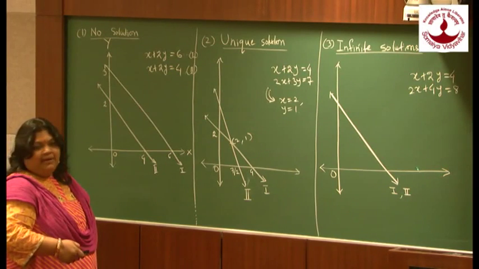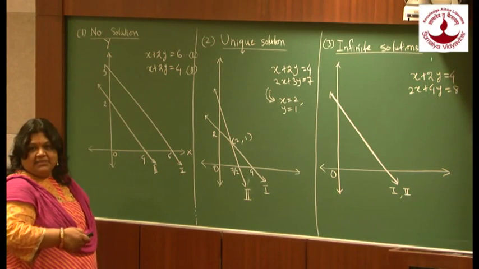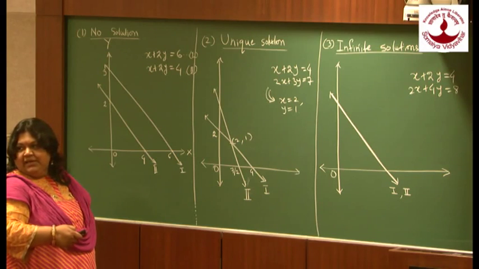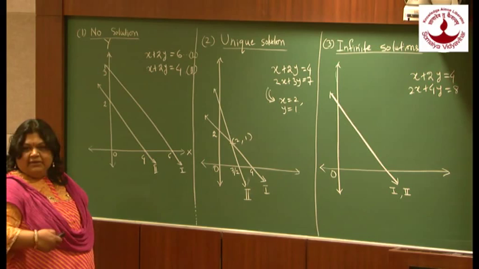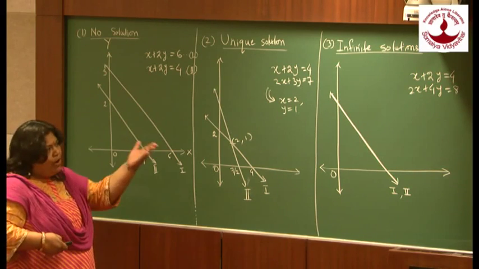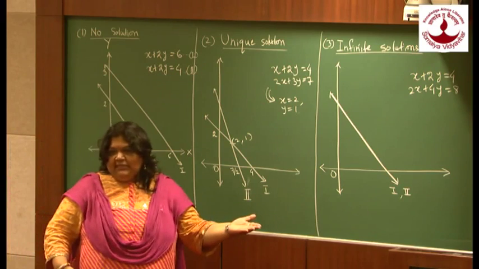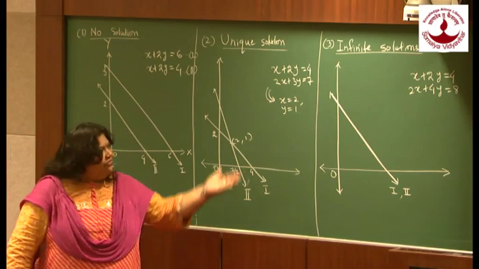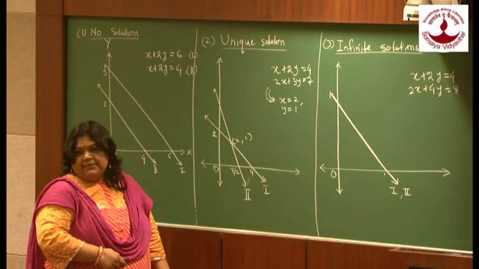That means each and every point on this line is on both these lines. Because graphically, the geometric representation of both these lines is this common line. So every point on this line works as a solution. And how many points are there on this line? Infinitely many. So we have infinitely many solutions in this case.